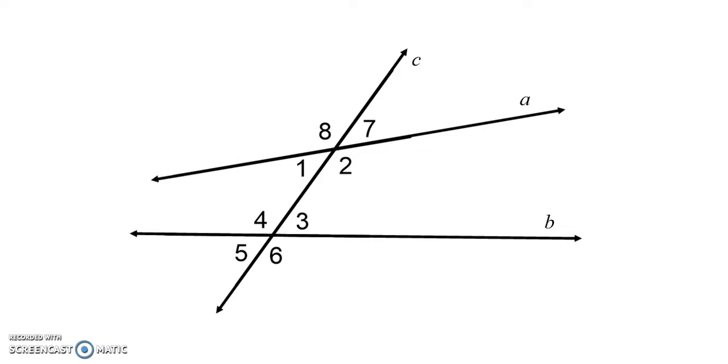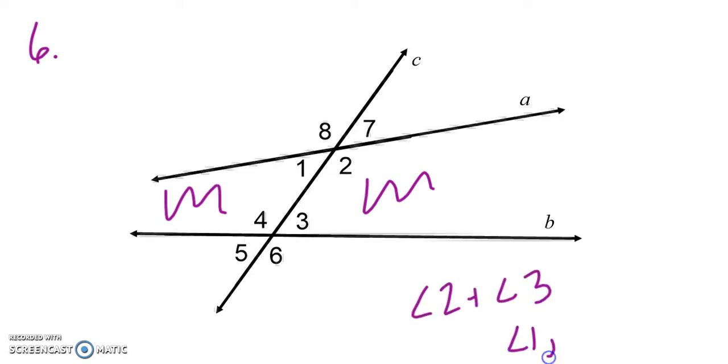I'm actually going to skip and go down to number 6, please. In number 6, you're going to see that they are interior angles, and they are on the same side of the transversal. It actually doesn't say interior, but it should. These are angles that are inside here, and they're on the same side of the transversal. So we're talking about angles 2 and 3 and angles 1 and 4.